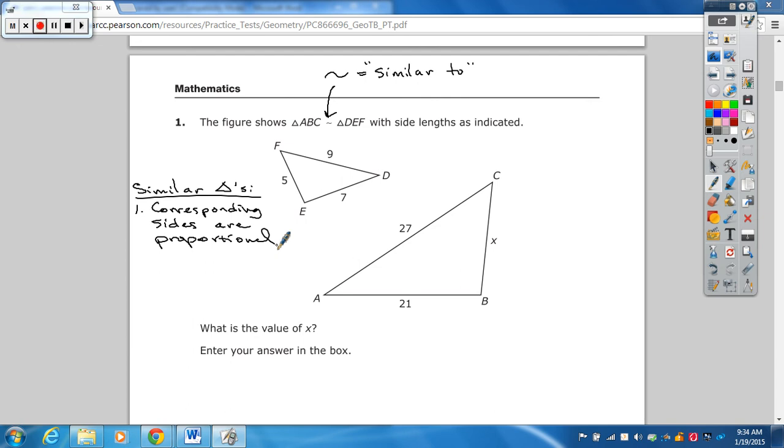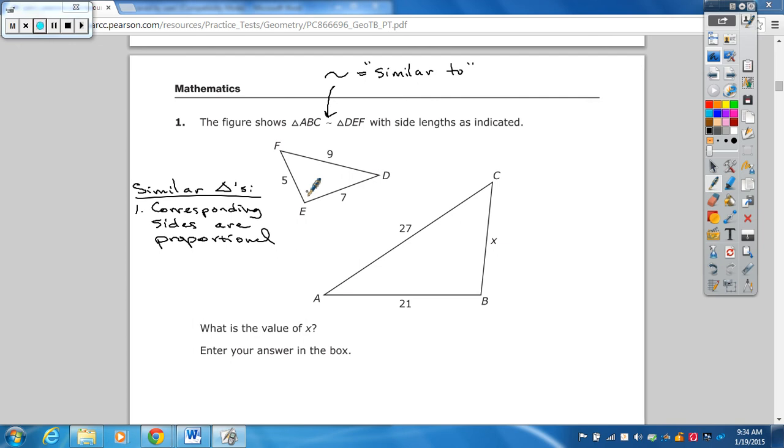We oftentimes talk about similar triangle sides as having a scale factor to each other. And what I mean by that is this. If you look at the two figures up here, I think you can see that CB is the shortest side of this triangle, and that EF is definitely the shortest side of that triangle. So we can match those two sides up. They have to be proportional to each other, or in the same ratio.